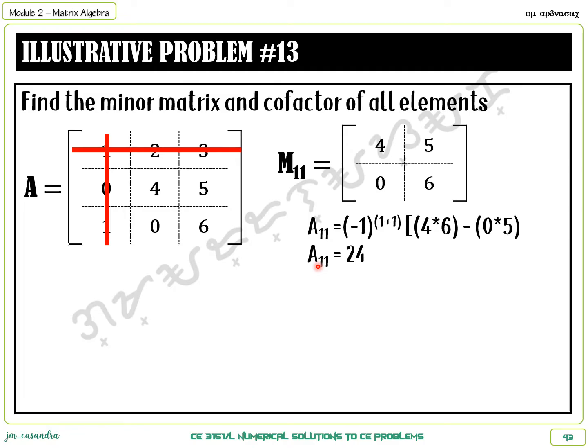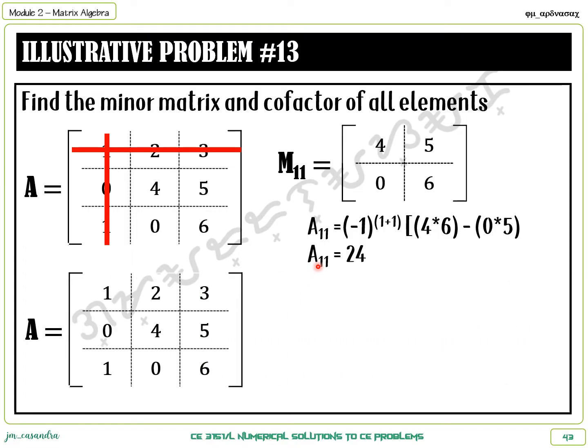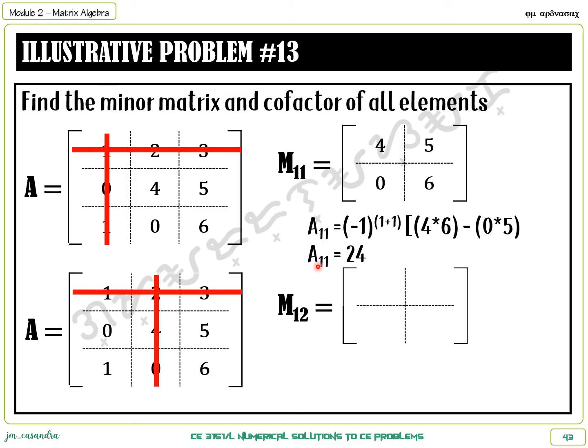So next, we move to the second element, 1, 2. Same principle, we remove row 1 and column 2. So the minor matrix now will be 0, 5, and 1, 6.